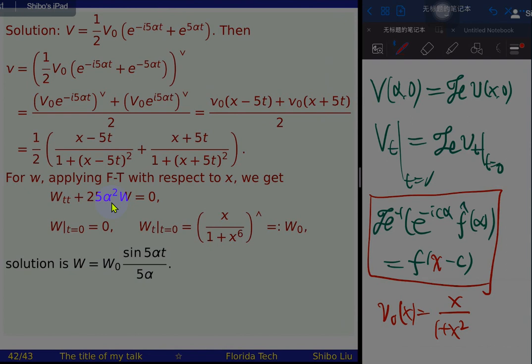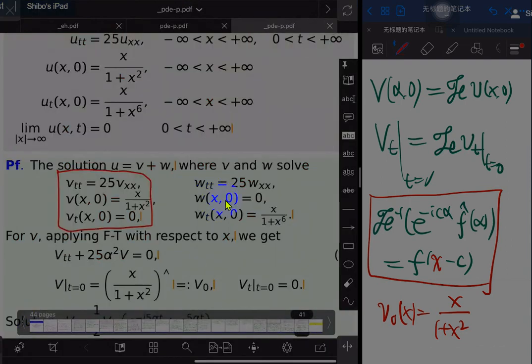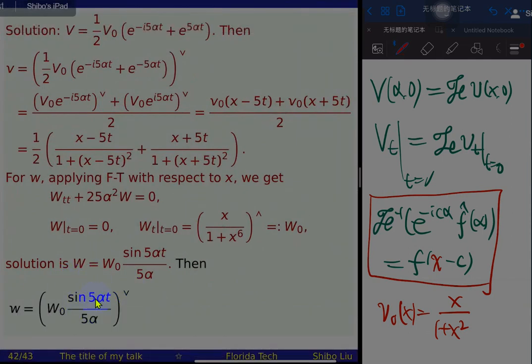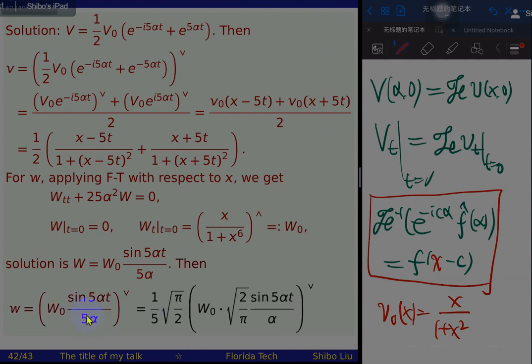Now, small w, that is the solution of our W PDE here. This w will be the Fourier inverse transform of our capital W. That is this function. Now, to compute the inverse Fourier transform of this function, we apply the sum property of the Fourier inverse transform.